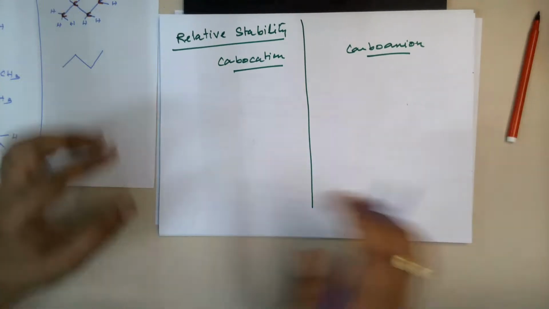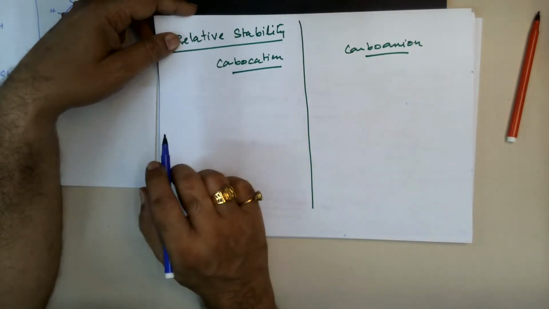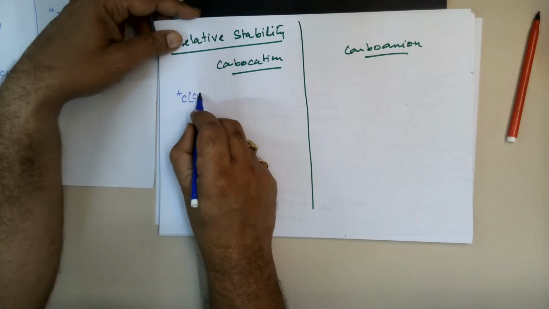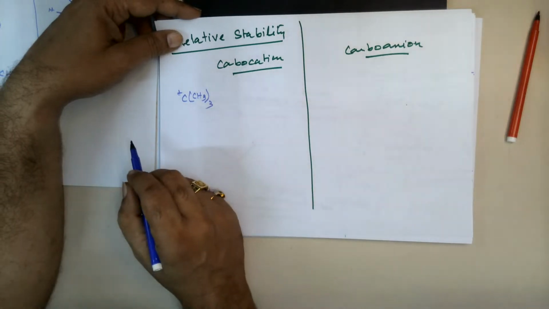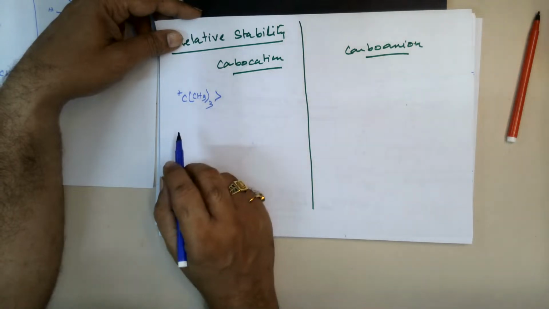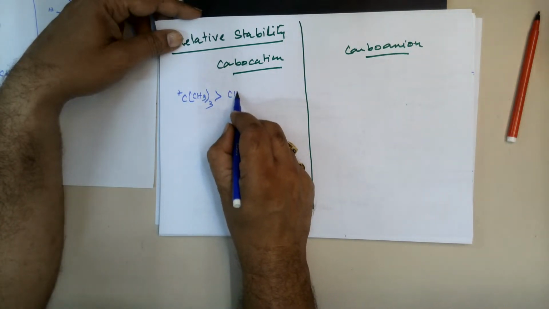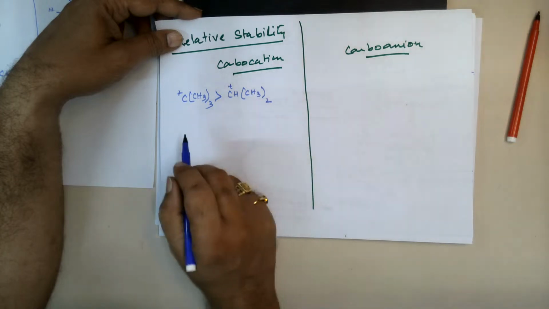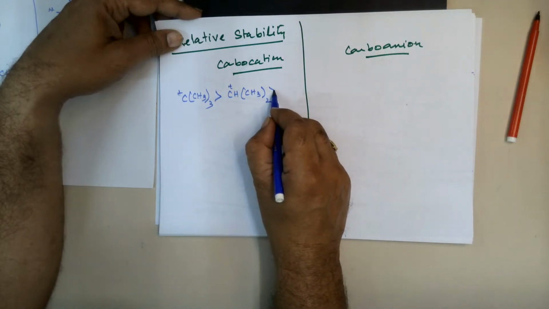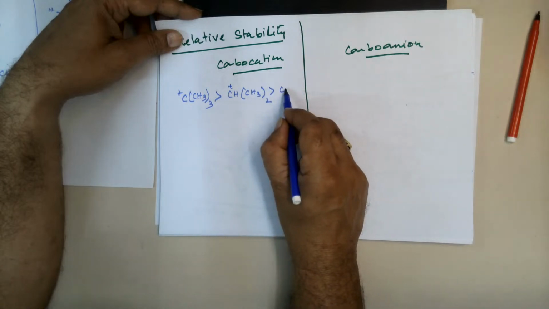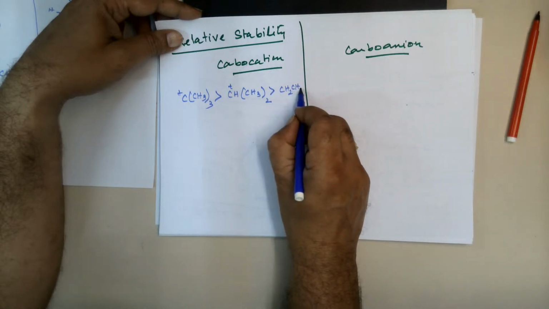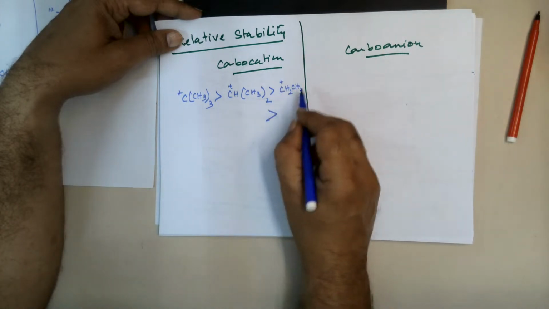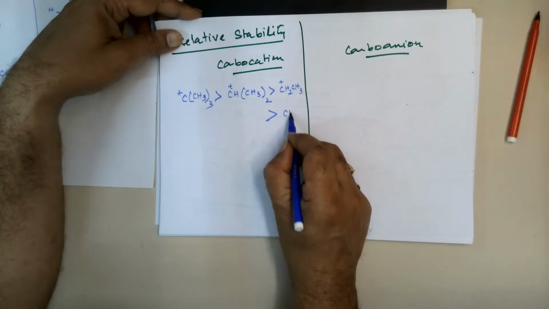In fact, the tertiary group like this, CH3 thrice, is more stable than CH3 twice, and that is more stable than CH2 CH3 plus, that is primary, and that is further greater than CH3 plus.